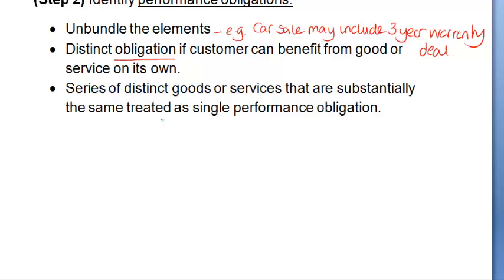If we've got identical things being sold and identical services, you can combine those. So if I'm selling 6 identical cars and 6 identical warranties in the same contract. So let's say that you go and you're buying on a corporate basis 10 computers. You don't have to separate that out into 10 separate contracts of 1 computer each. So we buy 10 computers.